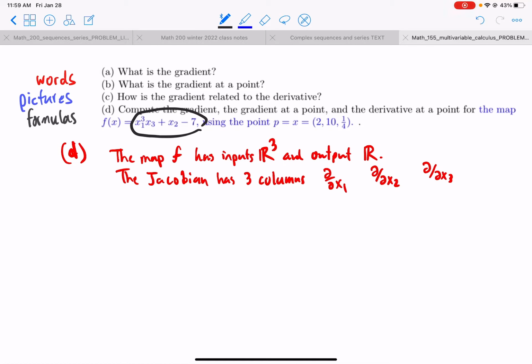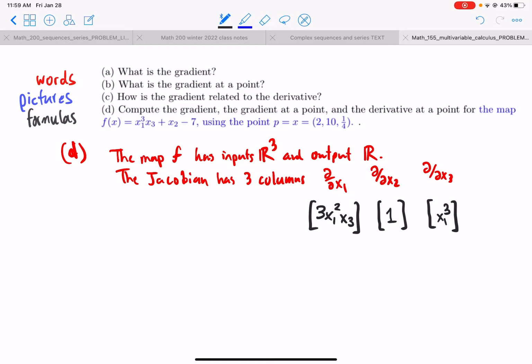So partial x1, okay, there's my column. It has one element. What's partial x2? There's my column of the Jacobian. It has one element. My third column, partial x3. There it is.